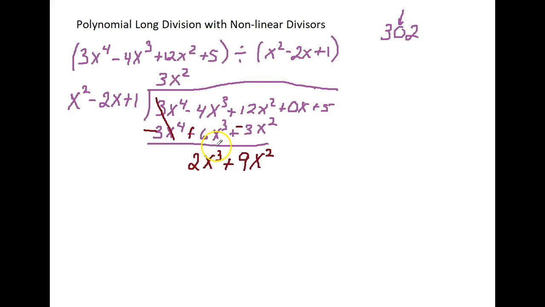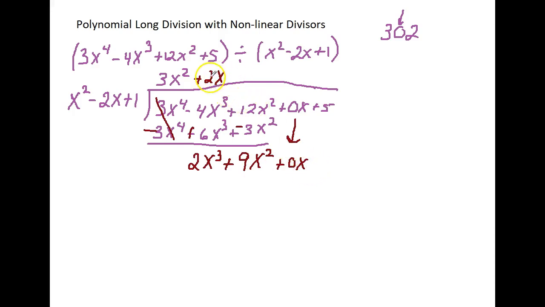Okay, and then I say, what times x squared will equal 2x to the third? Well, I am going to need a 2, and it's a positive 2, and an x. I also have to bring down my next term, so plus 0x. Don't forget to bring that down because you'll run out of terms here.